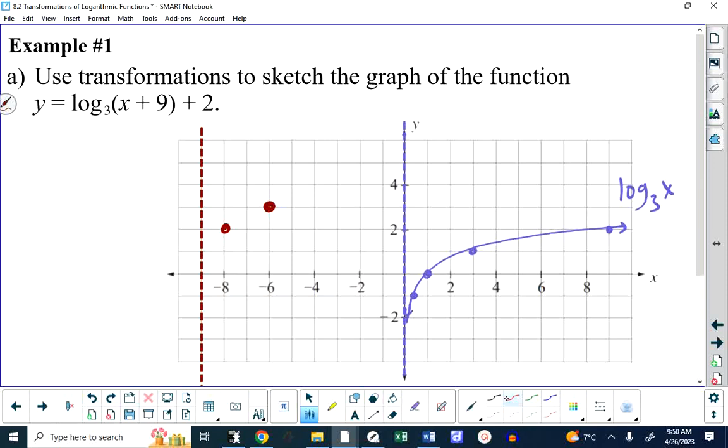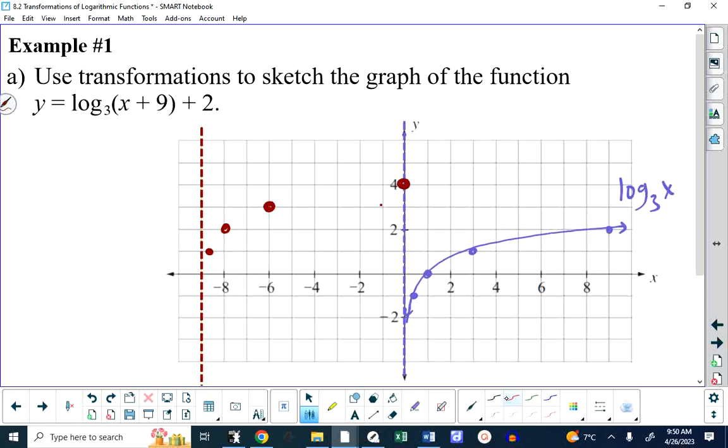Once you have one of those brown points there, you have the rest of them, because the rest of them are in positions relative to the point that you started off with. So we're going to have a point over here, one below and a third. We're going to have another point that is 3 times further away from that asymptote than this one, which will be here.